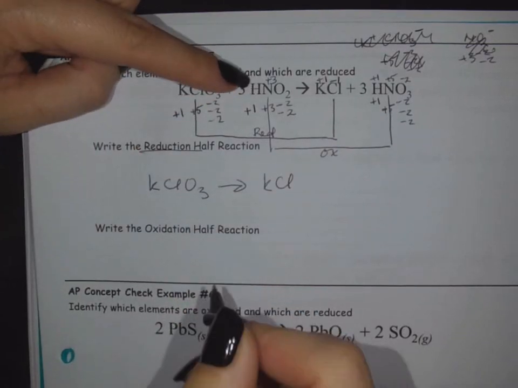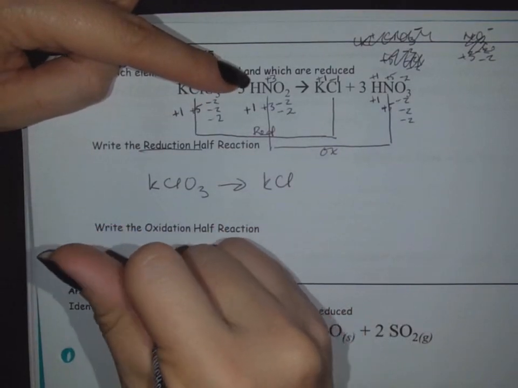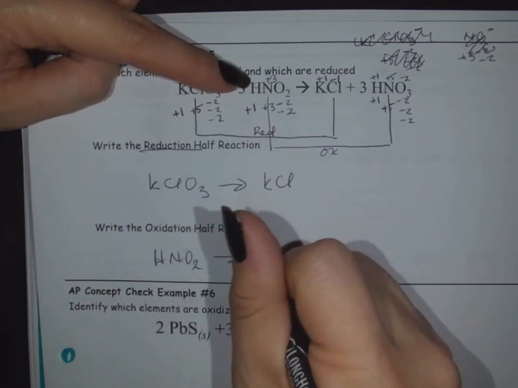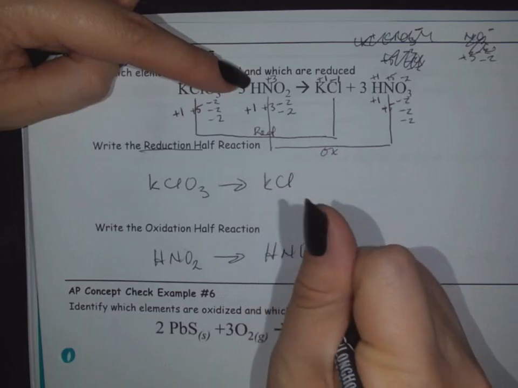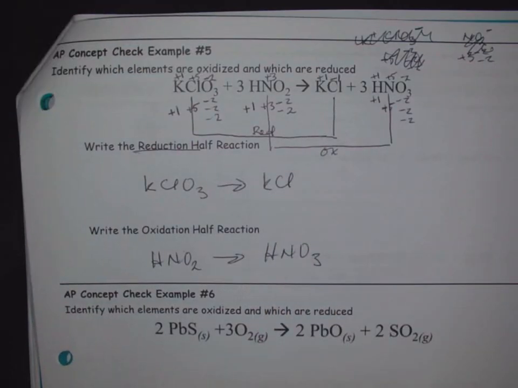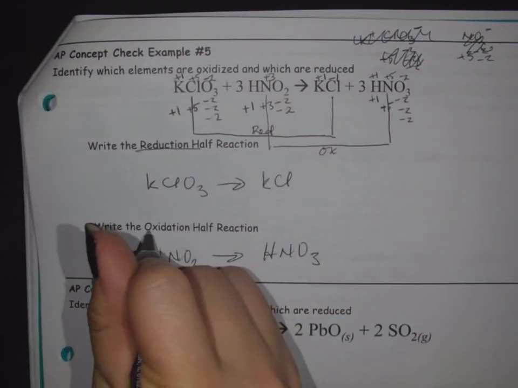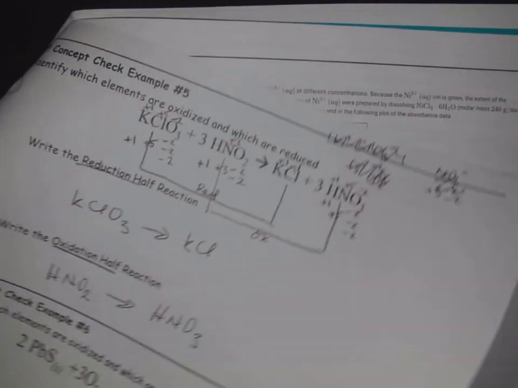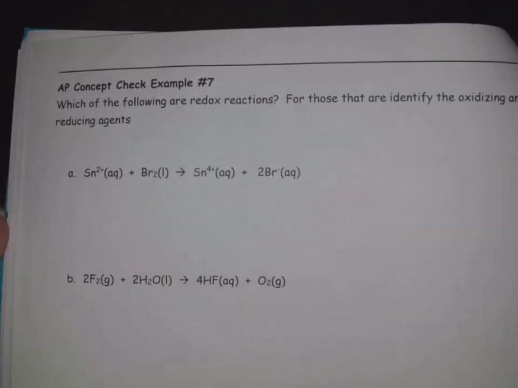My oxidation half reaction would be HNO2, and it turns into HNO3. So that's my oxidation half reaction. Okay, awesome. And then we'll do some more examples of that in class.